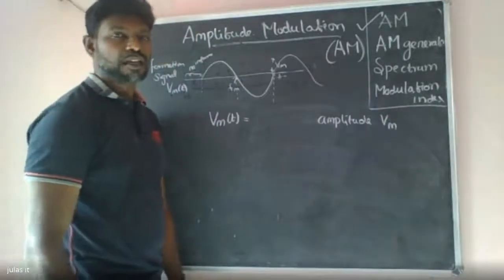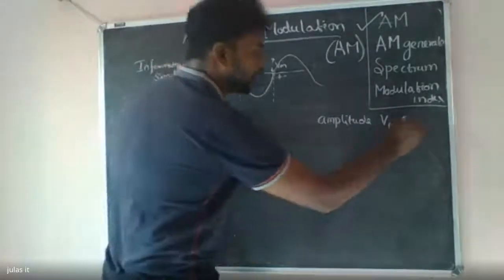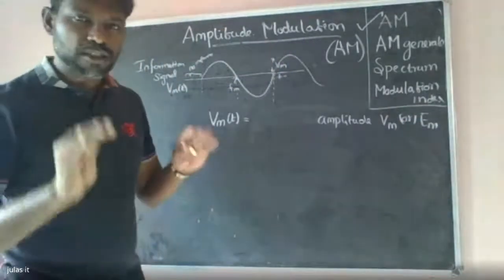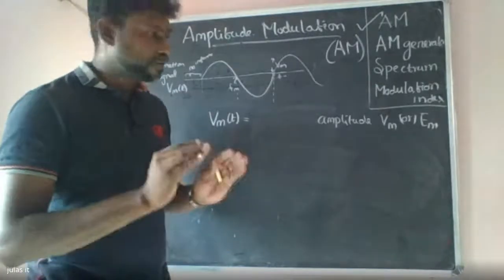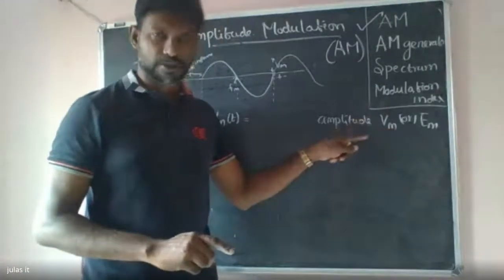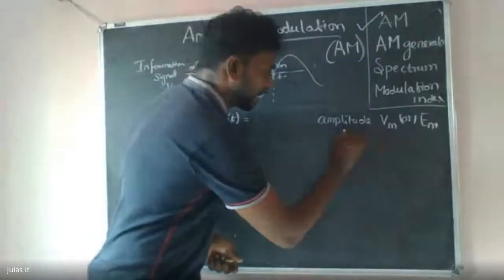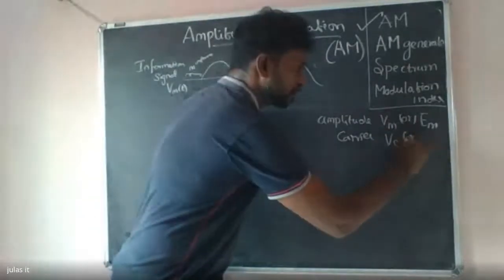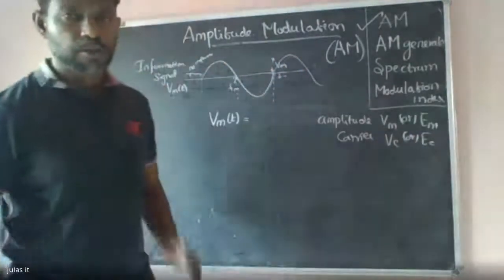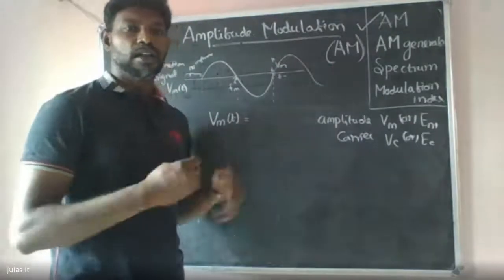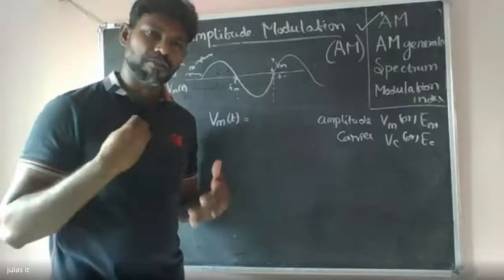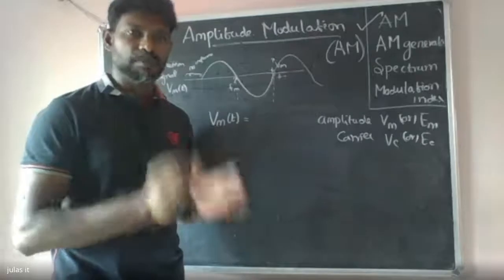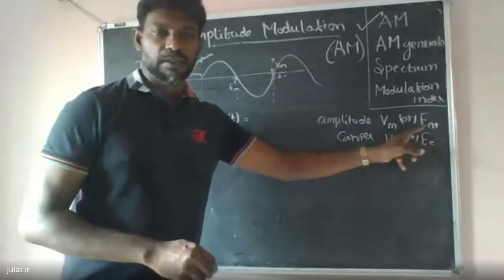In some books, it is referred to as Em. You must not be confused, both are the same. Vm and Em both refer to the amplitude of the message signal. The same thing for the carrier also. In some books it is referred to as Vc, or in some books as Ec. Both are the same. You need not be confused, because there are a lot of books for this subject, and each book uses different notations. A standard book notation is Em or Vc, right?